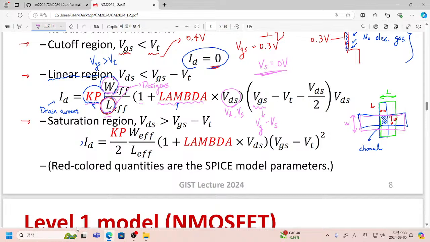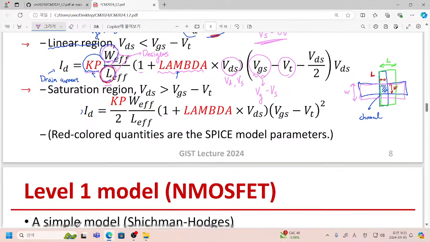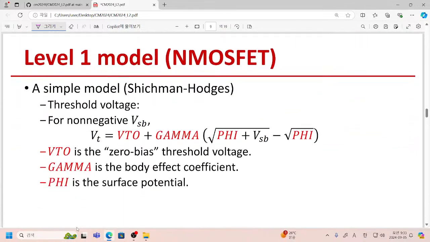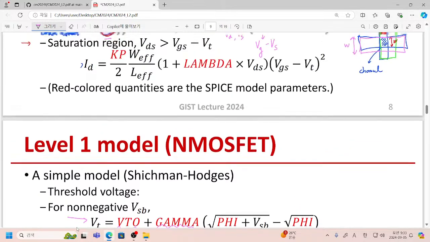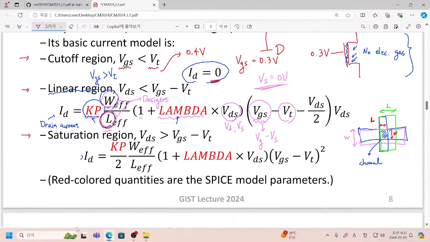Since the gate voltage is also known to us, this is a given number. And how about the threshold voltage? It can be calculated in this way. Although it is not directly specified in this case, by using already known quantities, we can calculate VT. So the threshold voltage is also known.